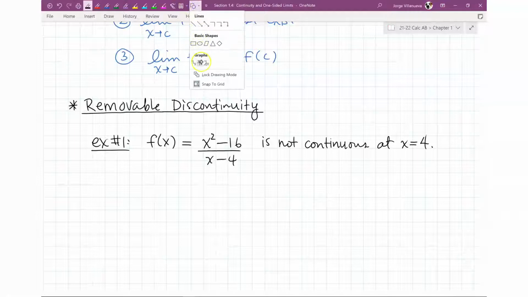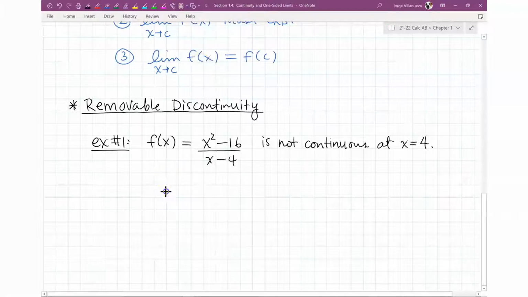Now if I were to graph this, just to see it, there's just a little sketch, okay? My scale's by 2.